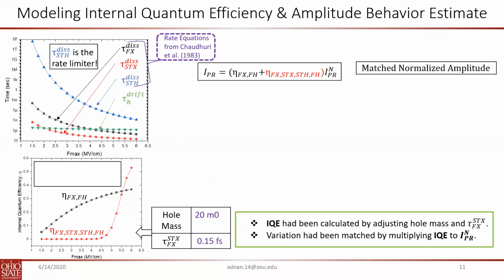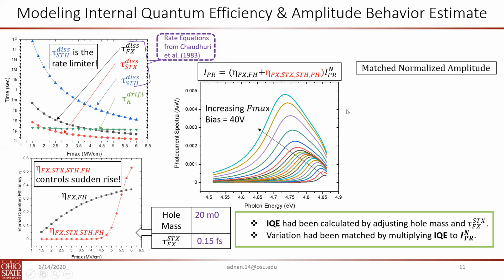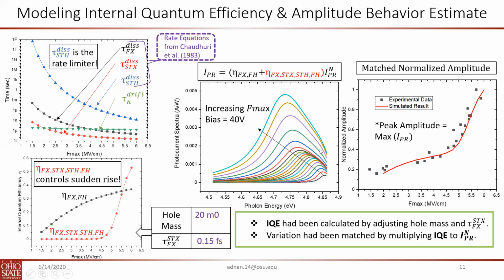We actually see a behavior which is controlled by the self-trapped hole dissociation mechanism. And the efficiency is shooting up at about 4.5 megavolt per centimeter. So ultimately, adding these two path efficiencies and multiplying with normalized results, we get a field-dependent photocurrent spectra for a constant bias that has an amplitude variation, which can be matched with our experimental data by normalizing them with respect to the maximum peak amplitude.